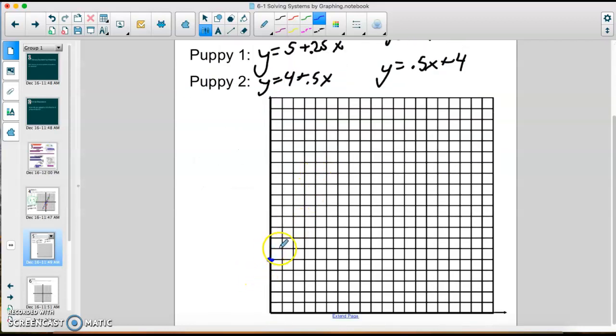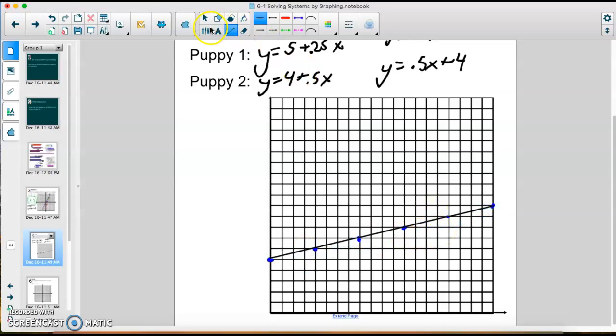Up 1, over 4. Up 1, over 4. We'll go all the way across. All right, so there's our puppy 1.